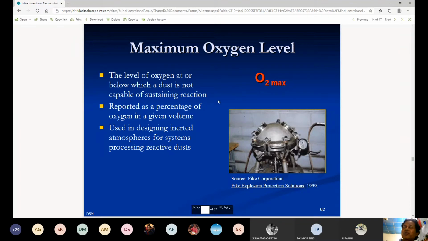Below that level, it will not sustain the coal dust explosion. It is reported as a percentage of oxygen in a given volume, and used in designing inerted atmospheres for systems processing reactive dusts.